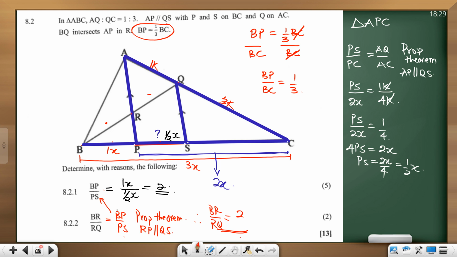Type your questions and if you are okay, let me know. For 8.2.1, 1 over half: if you write 1 over half x, you lose 1 mark.